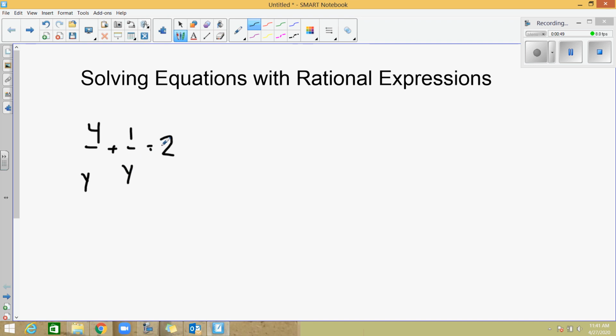So let's go ahead, and what I'm going to do is say, I don't like denominators. So I'm going to get rid of my y. I'm going to take both sides times y. And what you'll see that does is when you distribute here, you get 4y over y, which is just 4, plus 1 when you distribute here equals 2y.